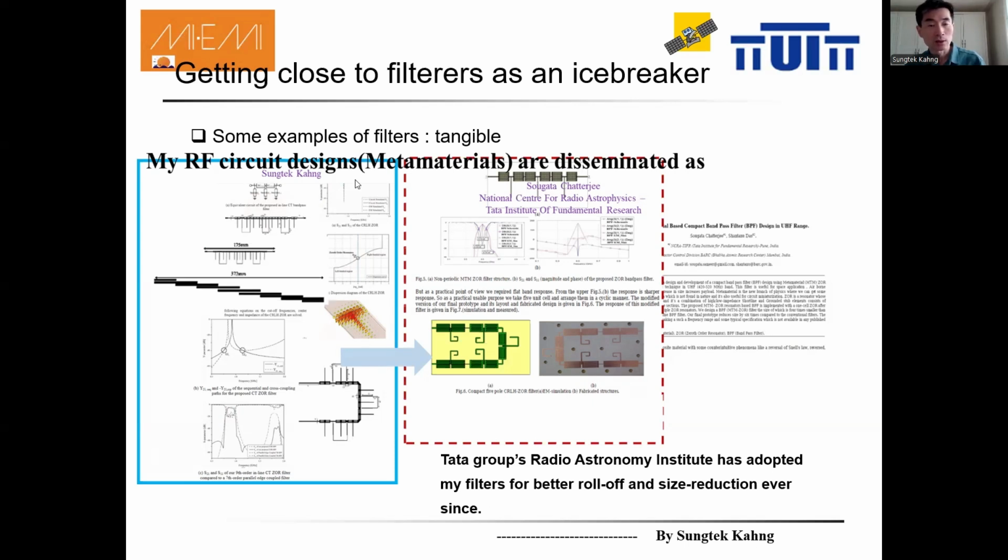As you see, you can make a comparison between my filter and his filter. Frequencies are a little different, but the aims and purposes were exactly the same. And as you see, by generating good and small resonators in the geometry, I could make a very good roll off.